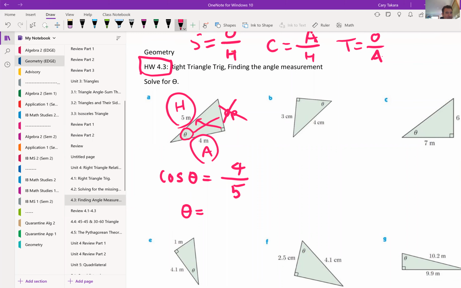To find the angle measurement, what do we need to do? We need to use inverse, right? So let's figure out. Evan, do you have the answer for that? So theta equals inverse cosine of 4 over 5. Evan, what did you get? Or what do you get if you type that in?